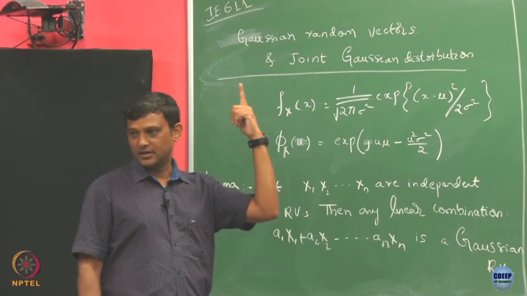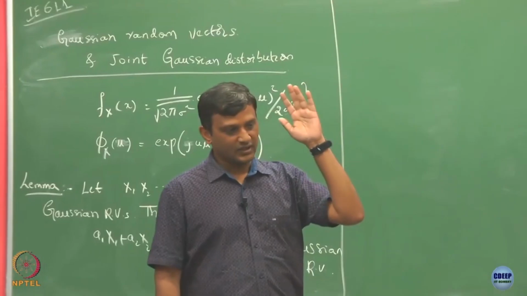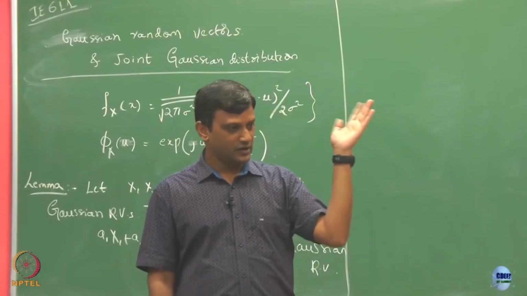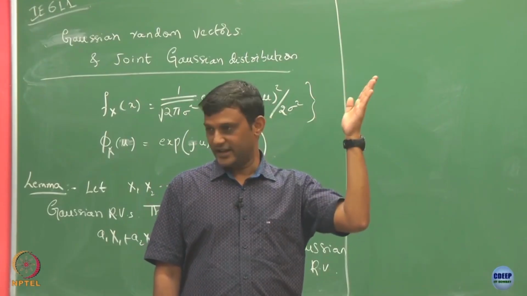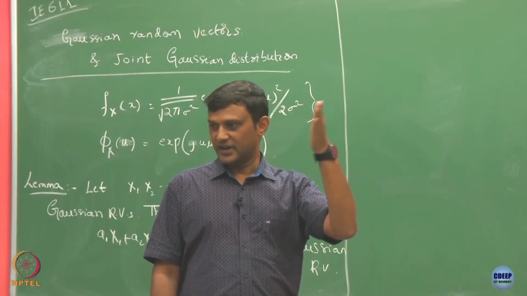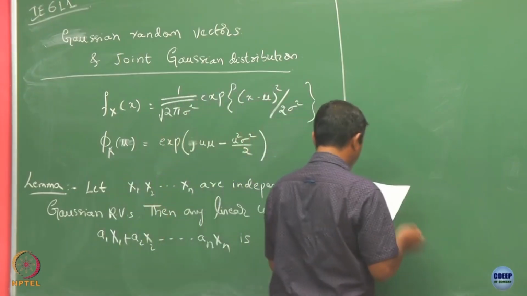So we have said that a set of random variables are independent if and only if their characteristic function also splits. Not only their CDF splits, that also implies that their characteristic function also splits. So let's use that property, just quickly verify this.